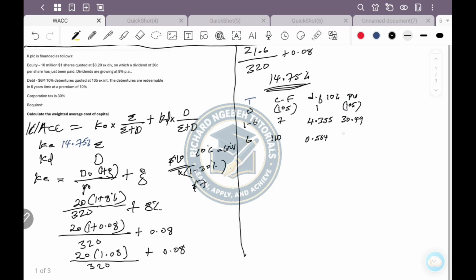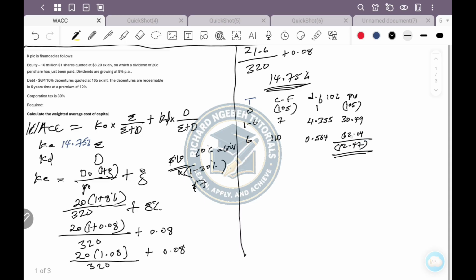Don't leave it behind. Multiply 110 by the discounting factor, you'll be able to get 62.04. So when you do that and you add all of them, you're going to get negative 12.47.